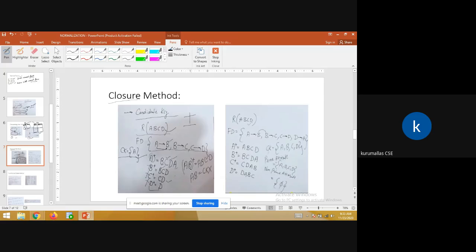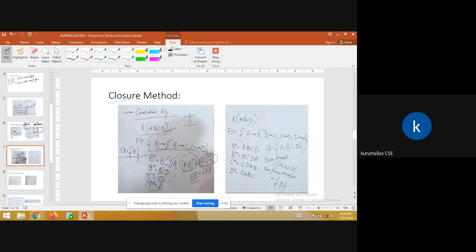Next we have to check one more case: is AB plus a candidate key? AB plus means we should not divide this. AB itself is one type of reflexivity property. So a tends to b is already there, and b tends to c, and c tends to d, so we get c and d. This gives a, b, c, d, so AB plus is a key.